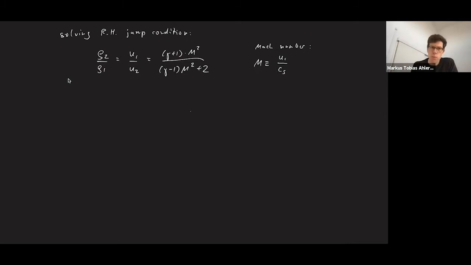And if you recall from your thermodynamics course, the sound speed squared is defined as the derivative of pressure with respect to density. And this can be related to the adiabatic index. So this is going to be the adiabatic index times the pressure divided by the density. And so the sound speed is given as the square root of this combination.